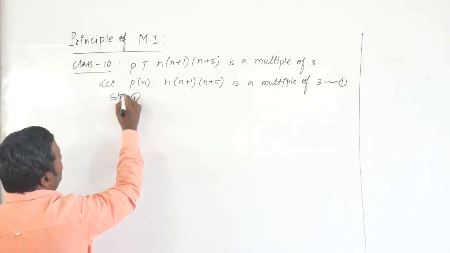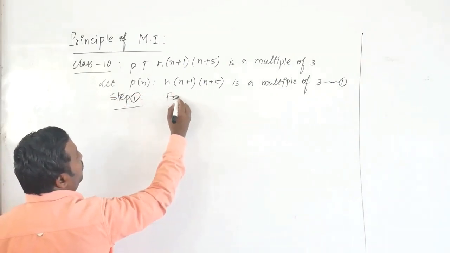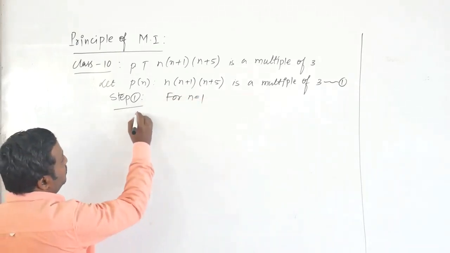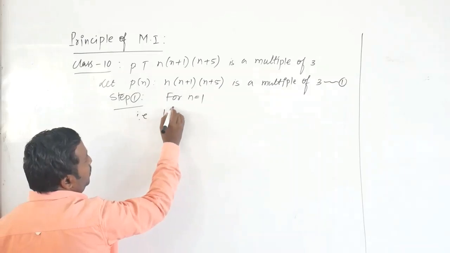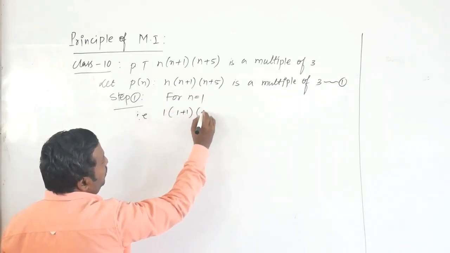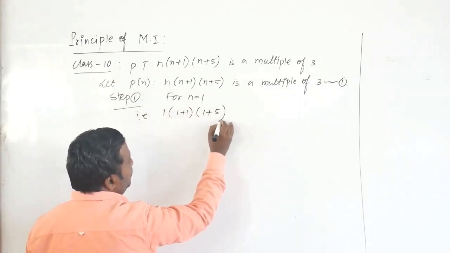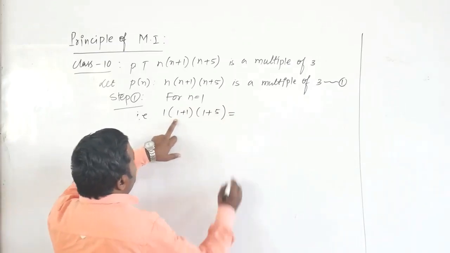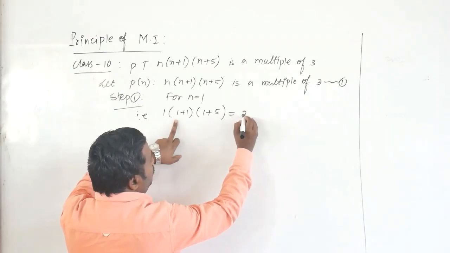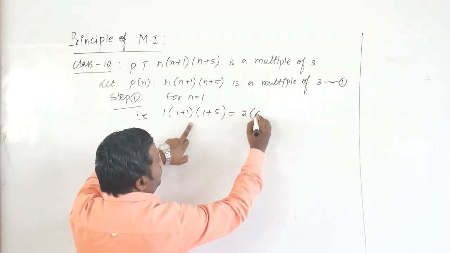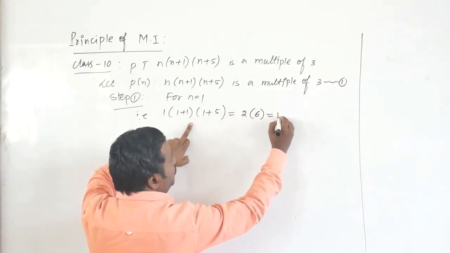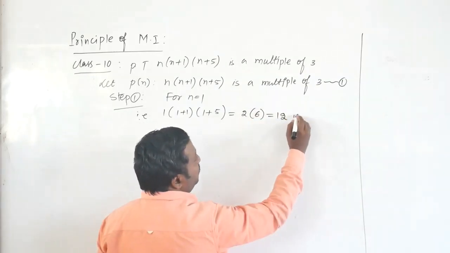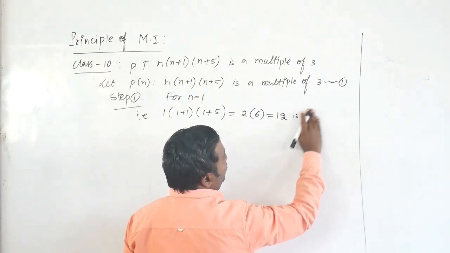Step 1: we have to show that it is true for n equal to 1. That is, n equal to 1: 1 into bracket 1 plus 1 into 1 plus 5 is equal to, just take note, 1 plus 1 is 2, 5 plus 1 is 6, so 6 twos are 12. 12 is a multiple of 3.